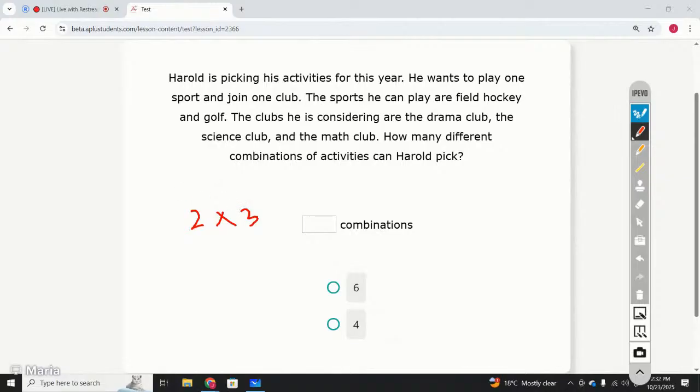So, how many different combinations of activities can Harold pick? Yes, that is option number one, six it is.